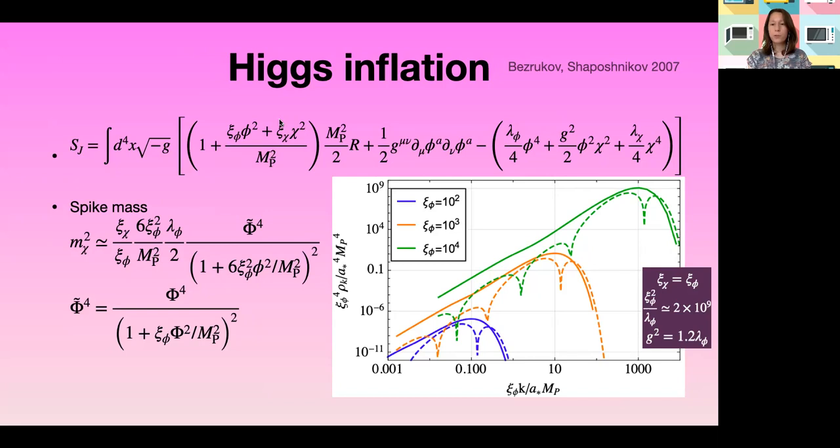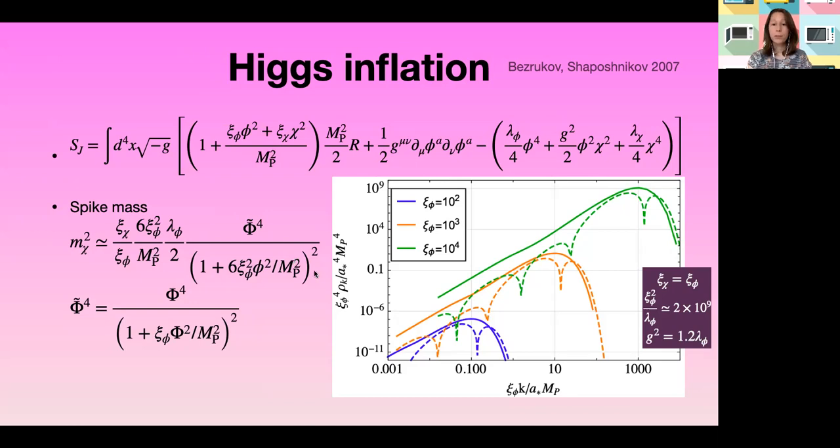Both of these factors do not really matter for the main argument that I'm making. So in this case, the spiky mass resembles the double pole case, as you can see here.